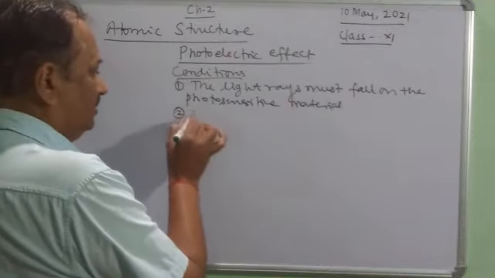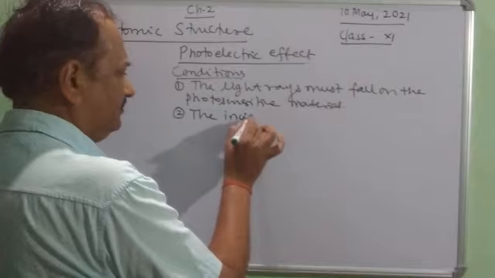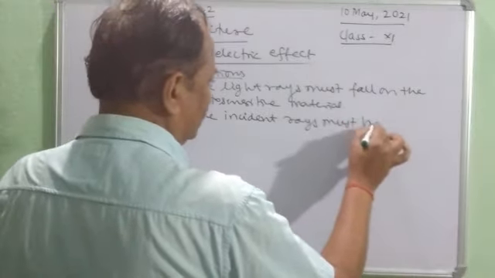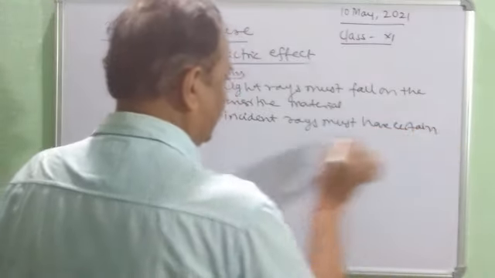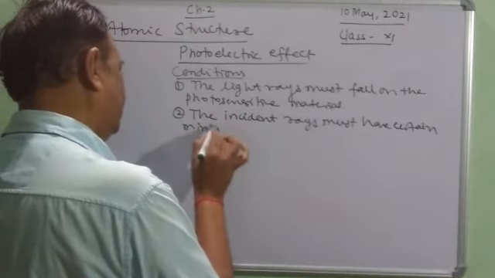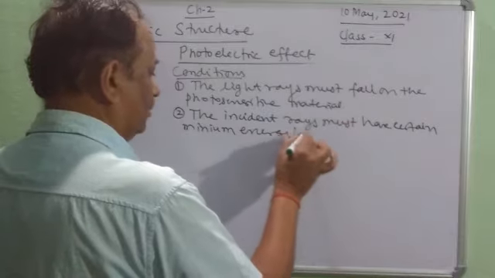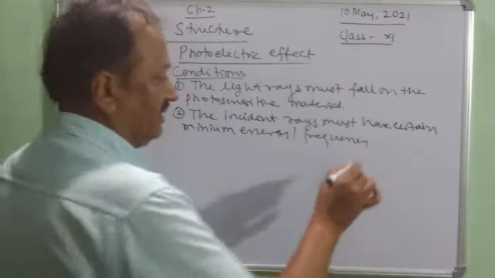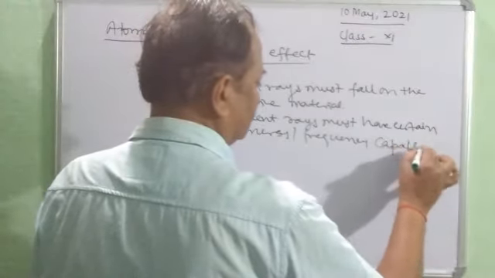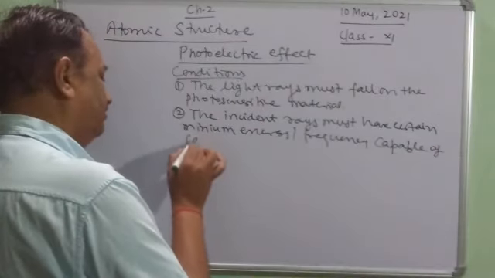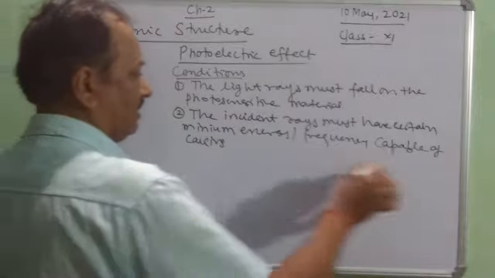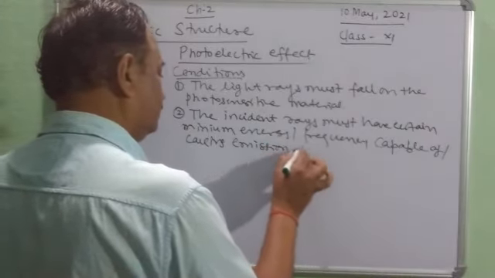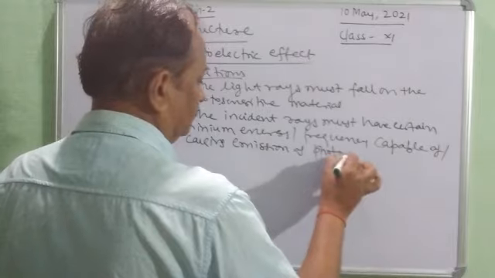Second point, the incident rays must have a certain minimum energy or frequency capable of causing emission of photoelectrons.